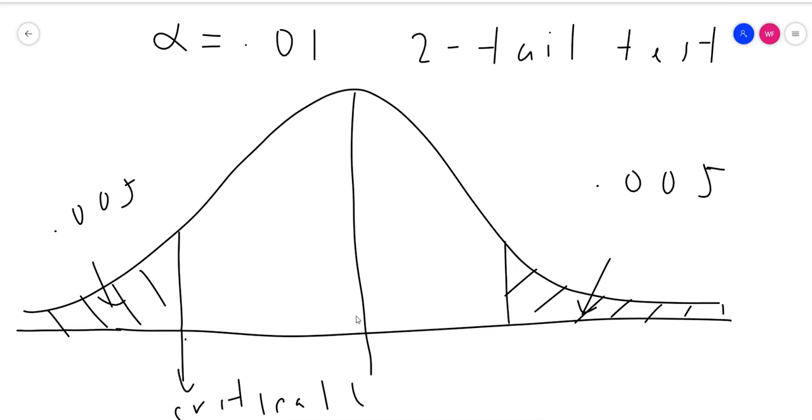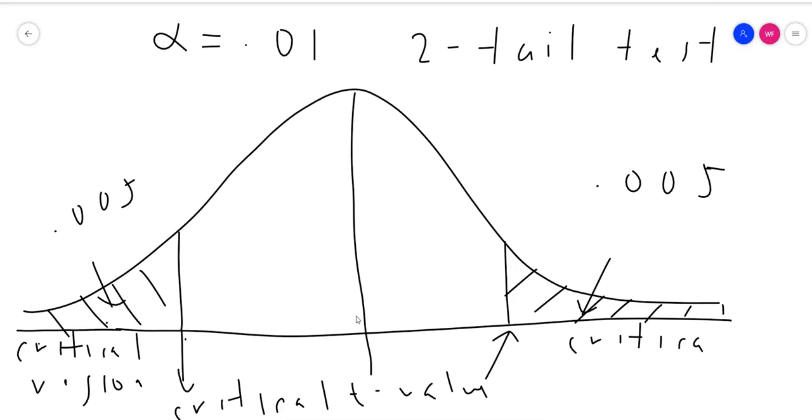Critical t-value. The same thing over here, that's another critical t-value. And the region out here is called the critical region. And the same thing for this part, this is the critical region also.